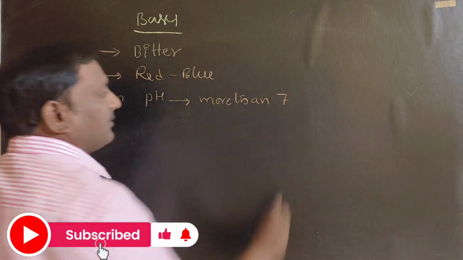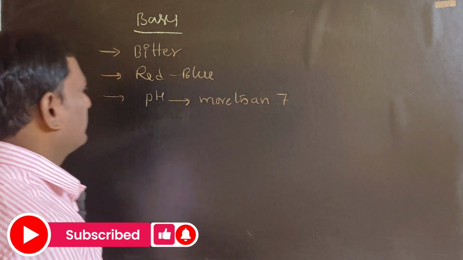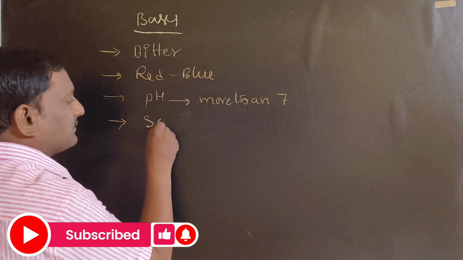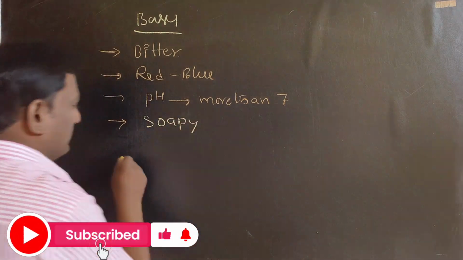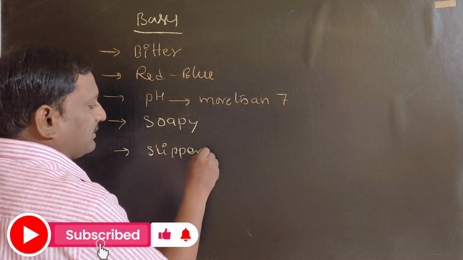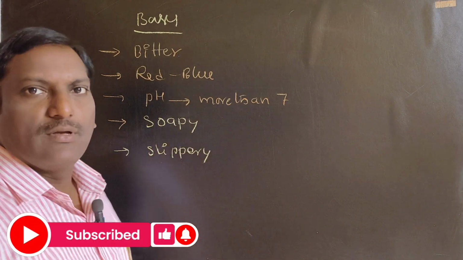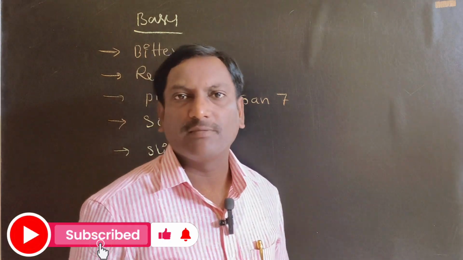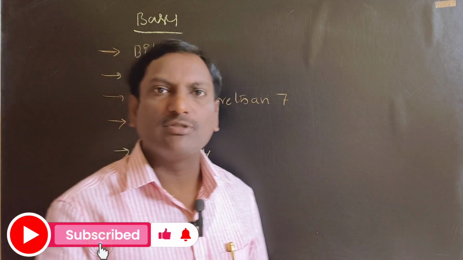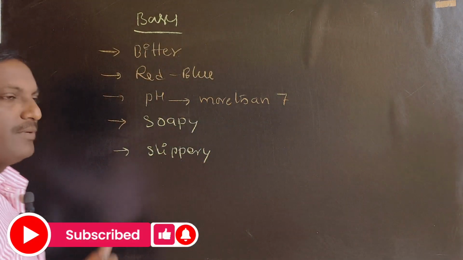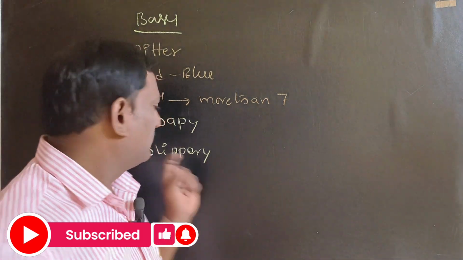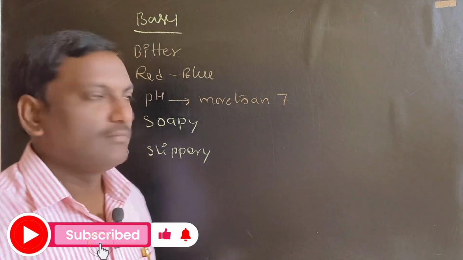Next, soapy to touch, they are slippery in nature. Bases means those chemical substances which have bitter taste, turn red litmus to blue, pH more than 7, soapy to touch, slippery in nature.